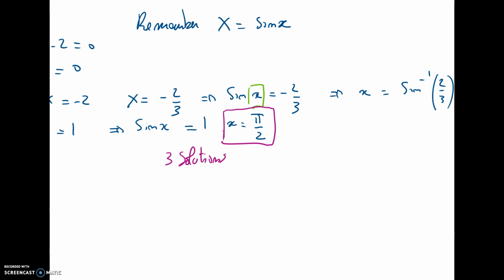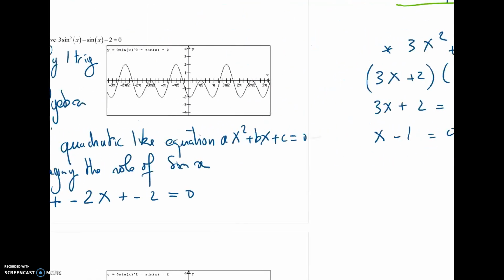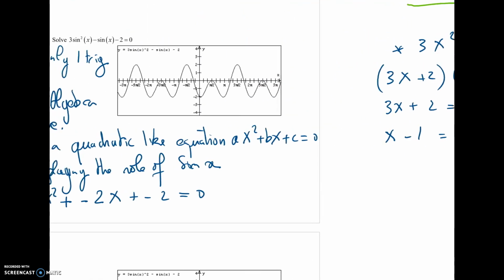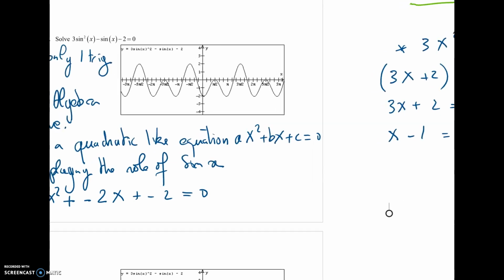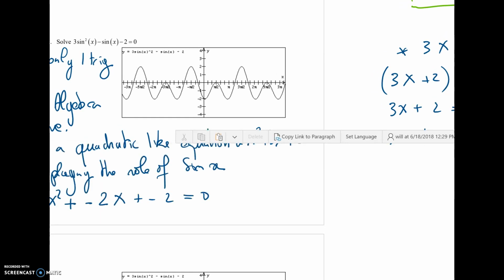And if you are looking at the quadratic-like equation, we're having these three solutions. We're having the last one right here, pi over 2, it's right there. Then we're having another one, which is 3.8.